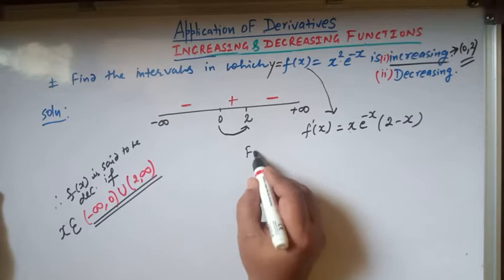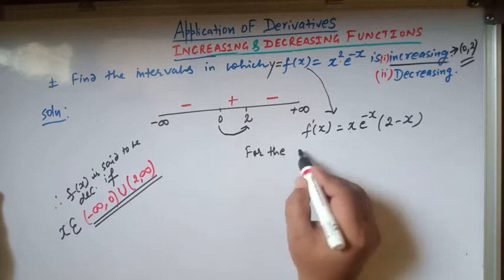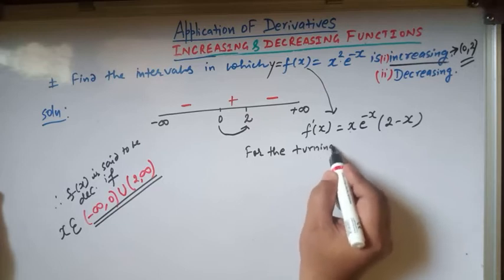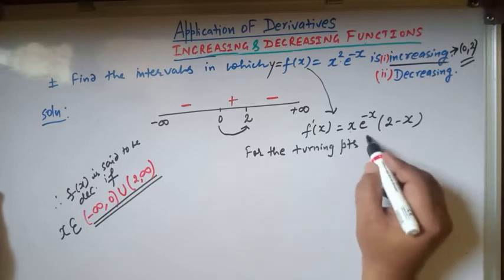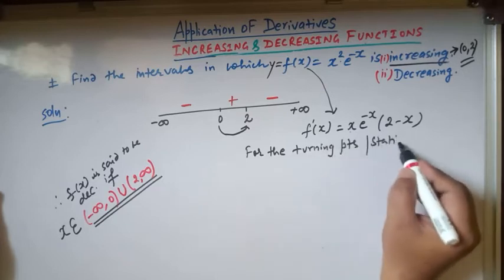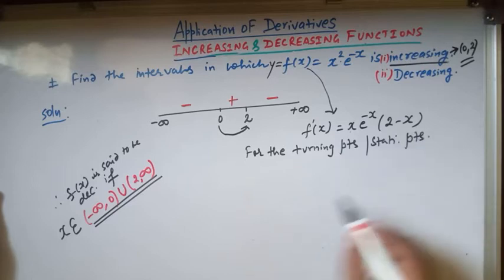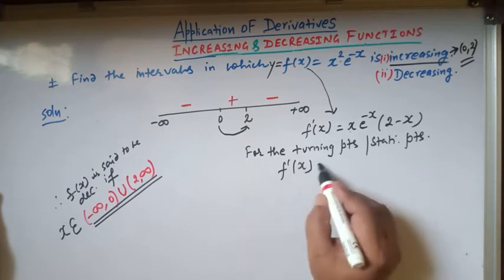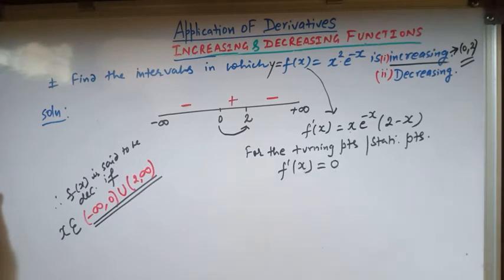Now for the turning points or stationary points or critical points, we have the derivative equal to 0.